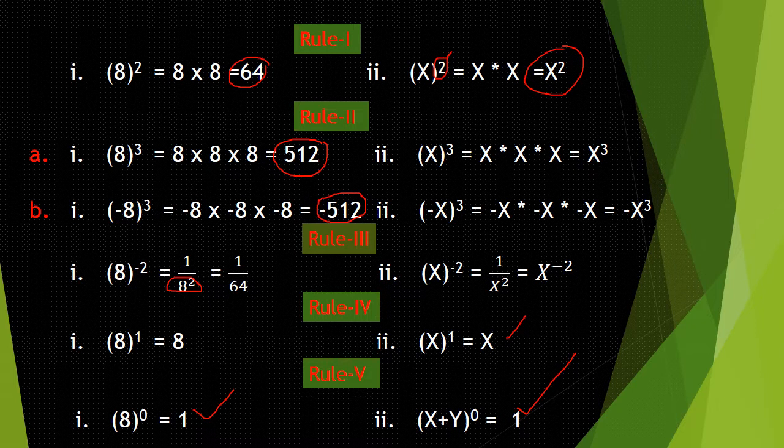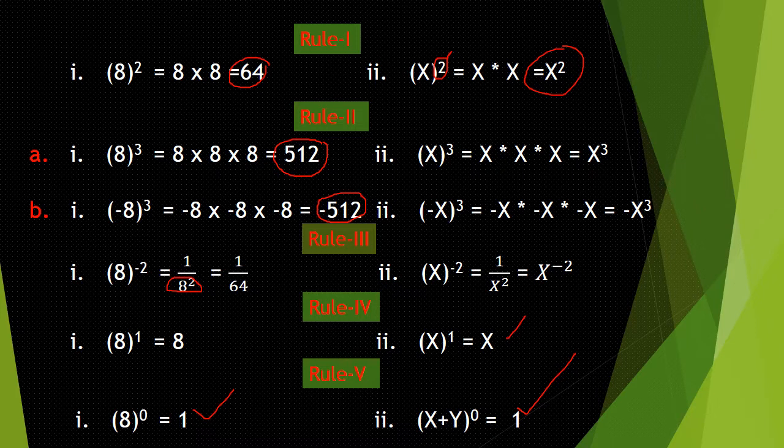For 8 raised to an odd power, if the coefficient is positive, the answer will be positive, but if the coefficient is negative, the answer will be negative. Here we look at the coefficient. In the case of an odd exponent, if the coefficient is negative the answer will be negative, and if it is positive the answer will be positive.